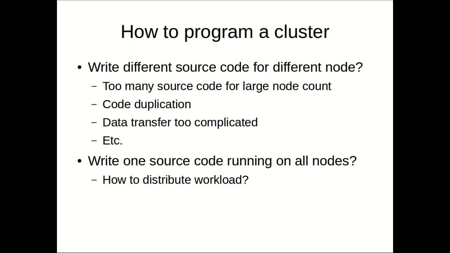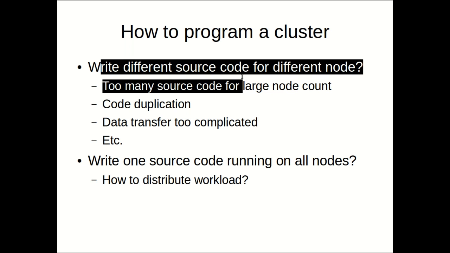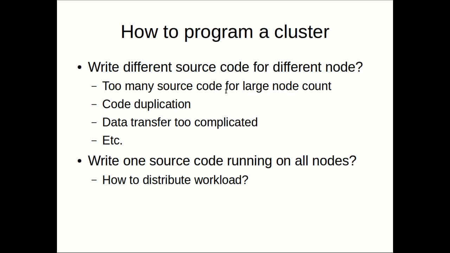So if you try to write a separate source code for each of the different nodes, you're going to have too many source codes. It will very quickly become a nightmare to maintain and manage all those source codes. That's one of the direct consequences we can think of if you choose this particular strategy, writing different source code for different nodes.